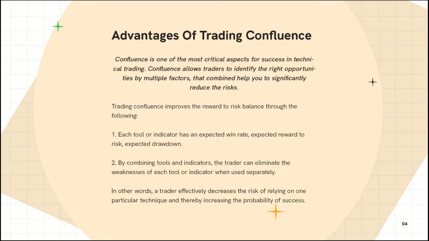So firstly, each tool or indicator has an expected win rate, an expected reward to risk, and an expected drawdown. Every tool or indicator you use in confluence will tell you the win rate, the risk to reward. It will also tell you the drawdown you are to expect.